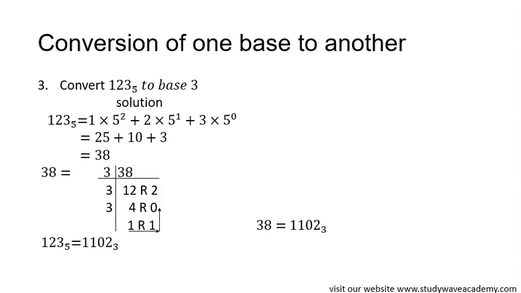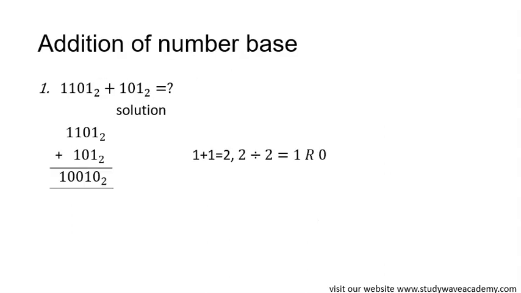Okay, so now we're going to be looking at addition of number base, okay? Addition of number base. Are we ready? So here we have a binary number. Remember what I told you that is a binary number, right?